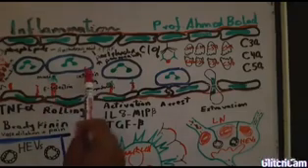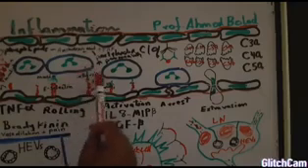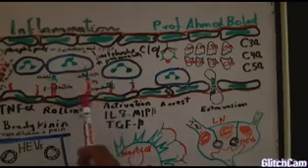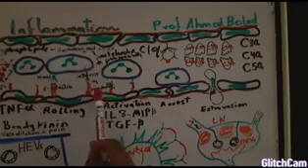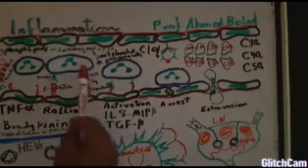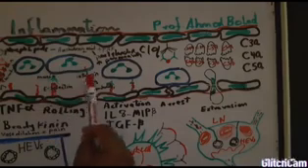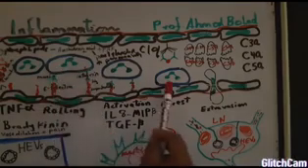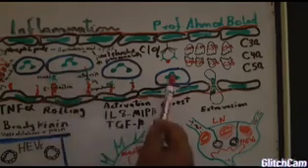And integrin, an adhesion molecule, interacts with the immunoglobulin superfamily on the surface of the endothelial cells. These adhesion molecules actually allow white blood cells to be arrested.